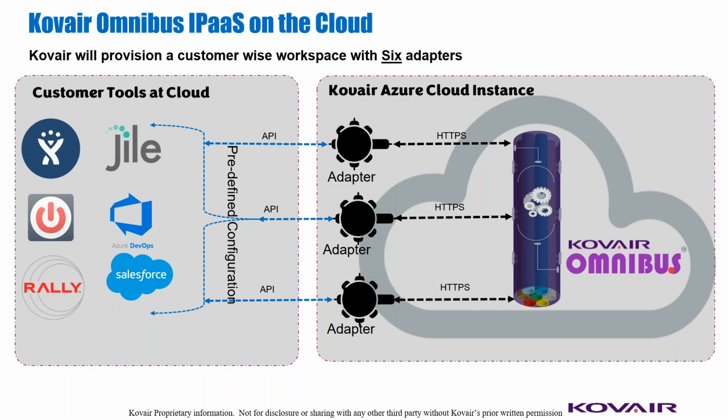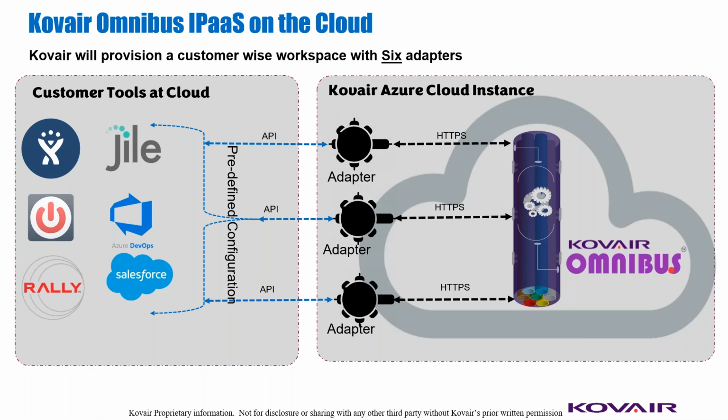Next, this is another diagram where we are showing how Kovair Omnibus, which is an iPaaS, is being offered. Here, the platform is hosted on Azure cloud. It will have the initial 6 adapters.